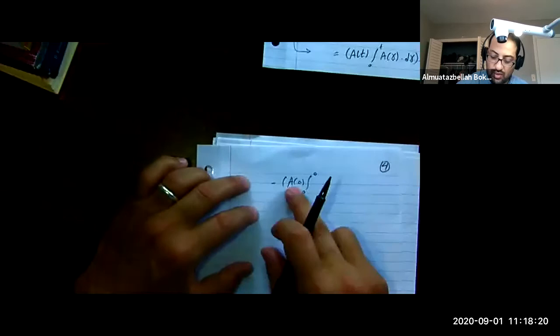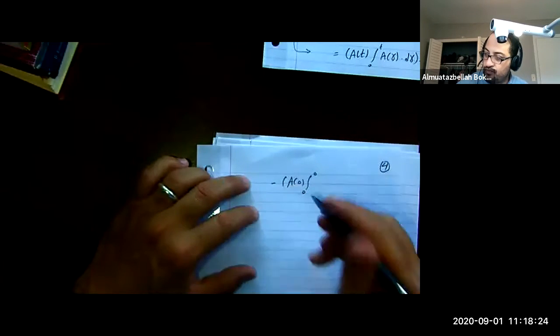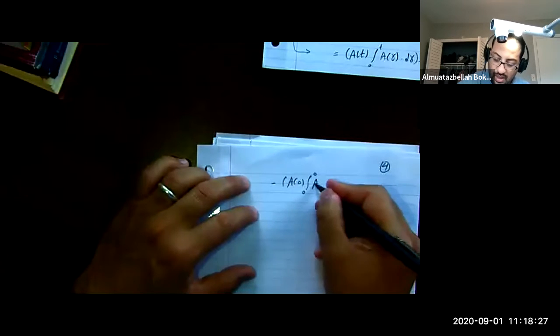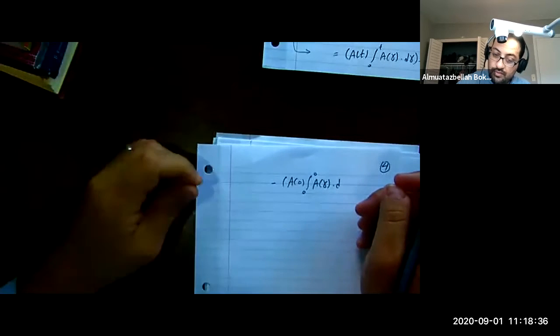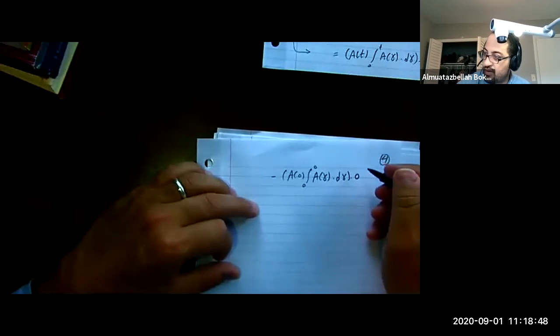So that's why I have a of 0, integration from 0 to 0, a of gamma d gamma, times 0, because this is f dot. And as you can see, integration from 0 to 0 is nothing but 0.